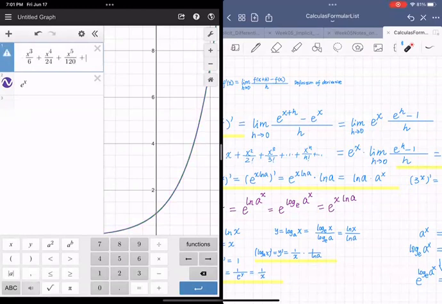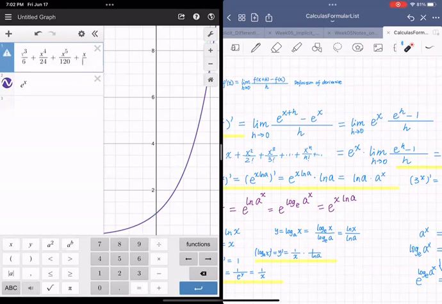If you make your terms higher and higher all the way up to infinity, you will exactly duplicate the curve of e to the power x, depending on how many terms you want to put there.